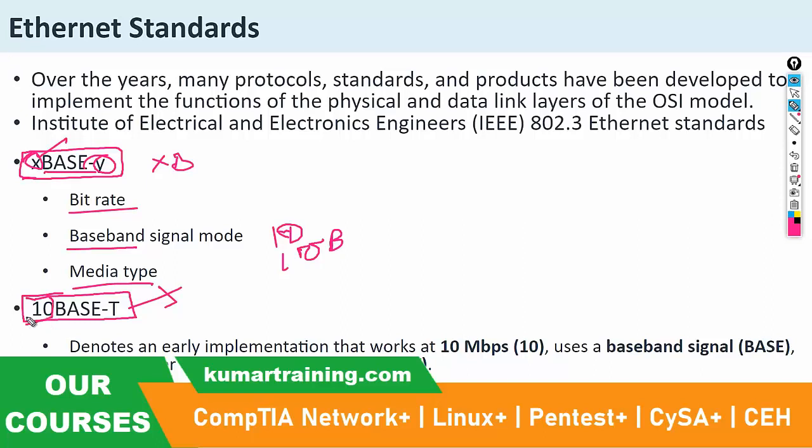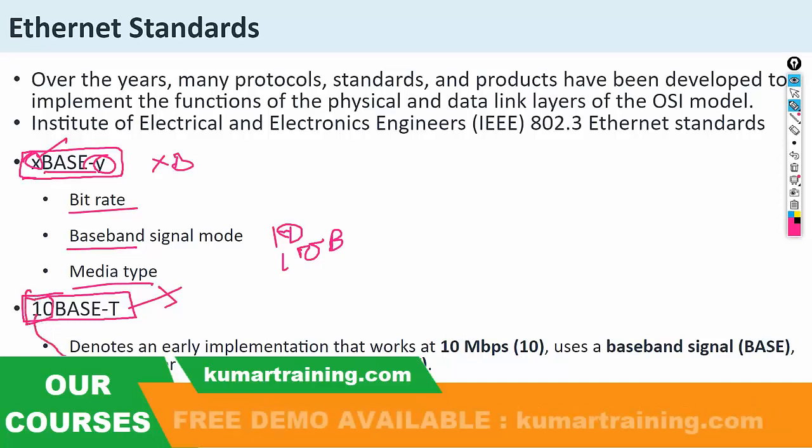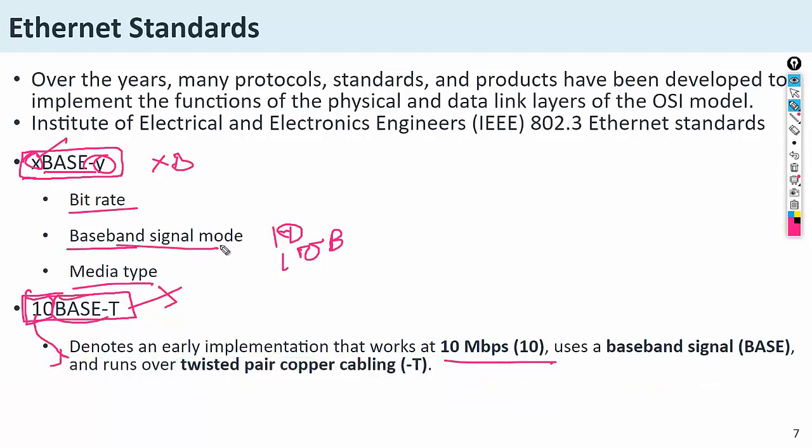10 means it defines the speed, 10 Mbps. Base means baseband signal mode, and the T is defined for twisted pair copper cable.